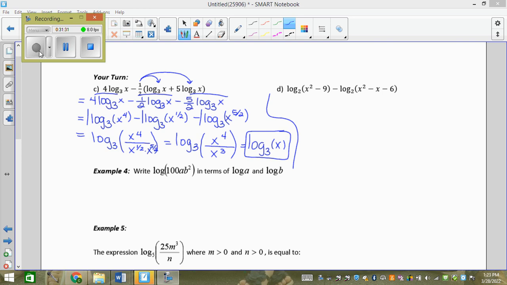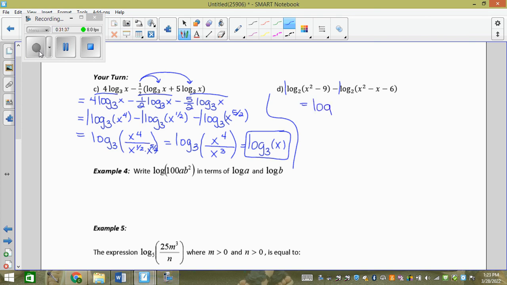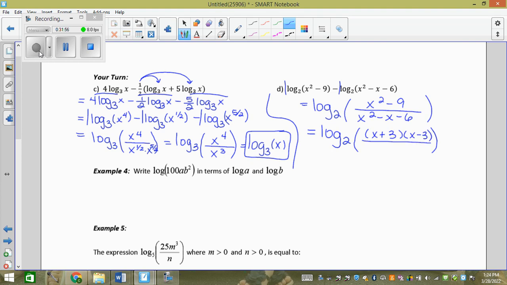Okay. This one, we have a plus 1 in front and a minus 1 in front. So we're going to get log base 2. In the top, we're going to get x squared minus 9 in the numerator. In the denominator, we're going to get x squared minus x minus 6. Then we have to factor it. The top is a difference of squares. We're going to get x plus 3, x minus 3. The bottom, well, multiply is going to be negative 6, now it's going to be negative 1.